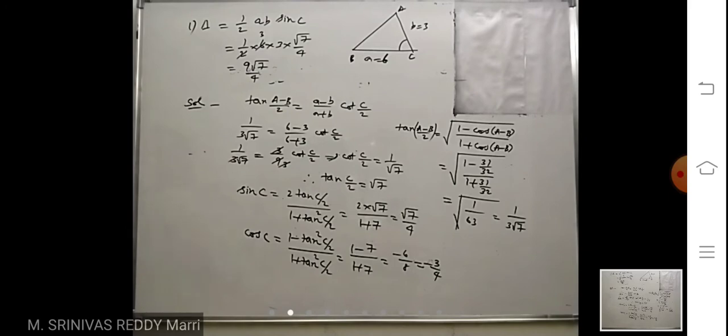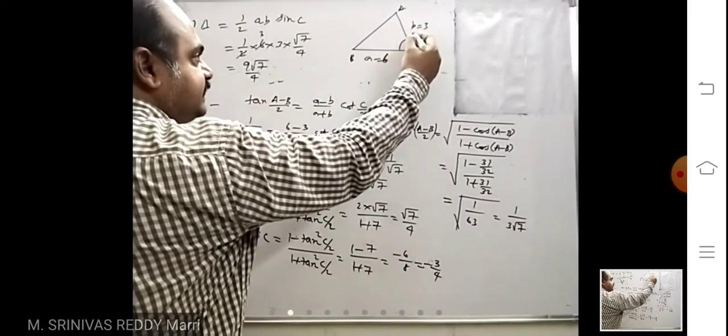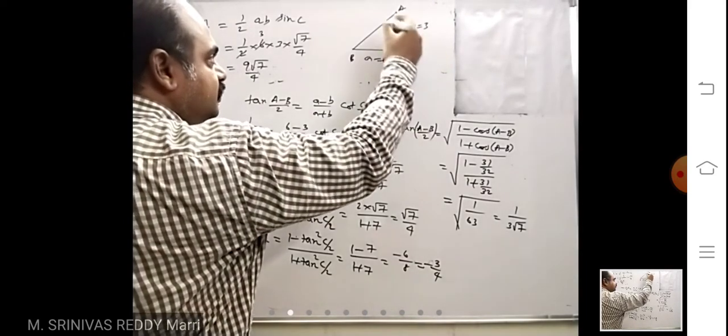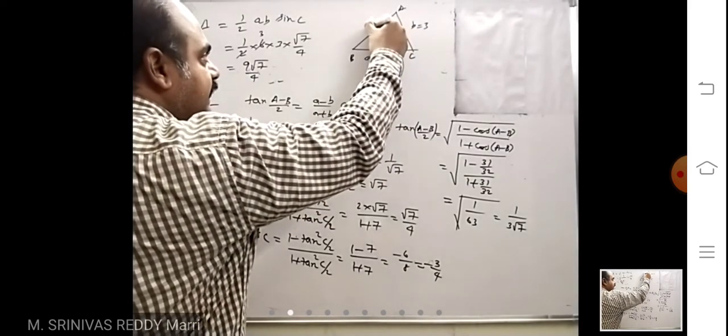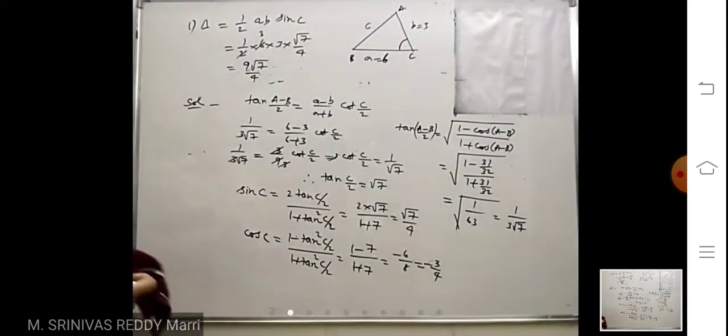Now suppose he is asking, this side is given, this side is given, and this cos C you also know, and you have to calculate the third side. That means two sides and the included angle are known.